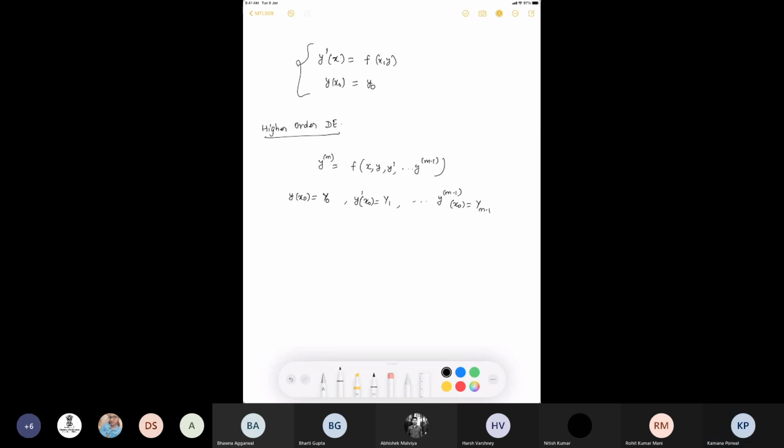Okay. So if we have this, how do we reduce this into the first order system? Can you tell me?